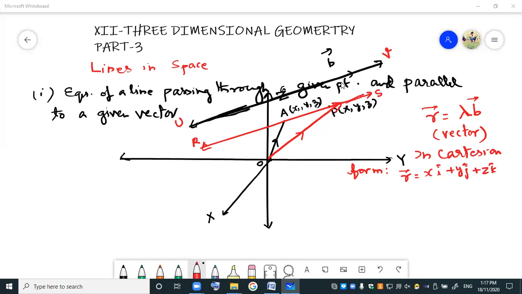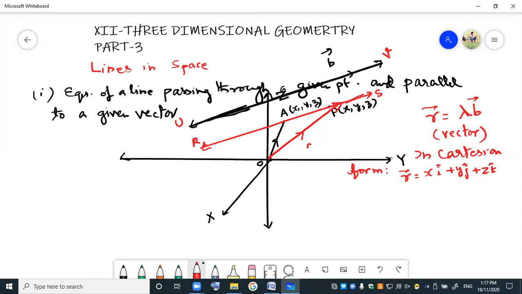When we are writing an equation in Cartesian form, we are considering the x-axis, y-axis, z-axis Cartesian coordinate system. If you have a point here, it can have three coordinates, x, y, and z, so it will be represented by three coordinates.